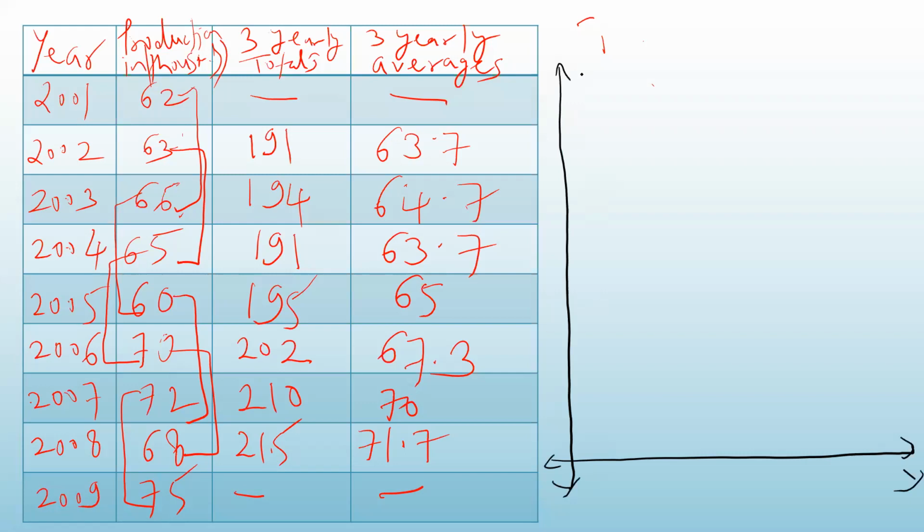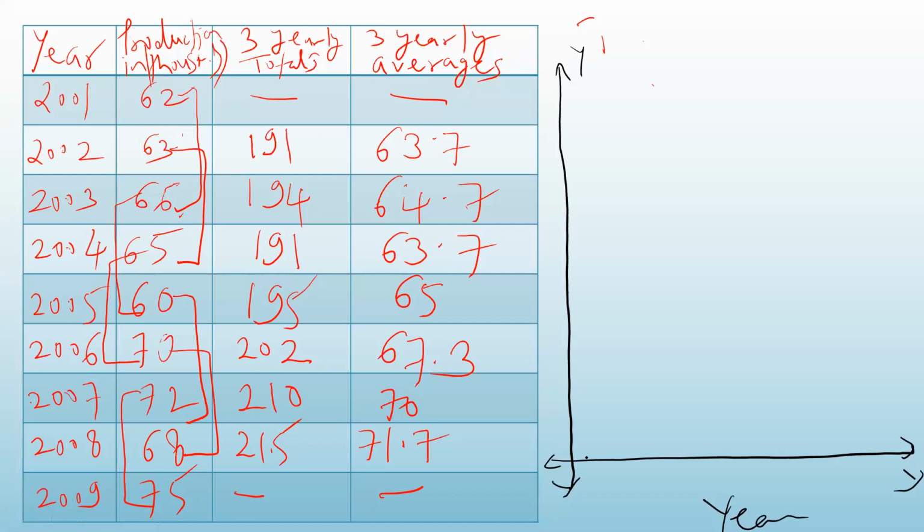We only want a rough idea. If you do it on actual graph paper, the scale will be proper there. Here we will draw it roughly. On the x-axis, we will draw the year. What are the years? From 2001 to 2009.